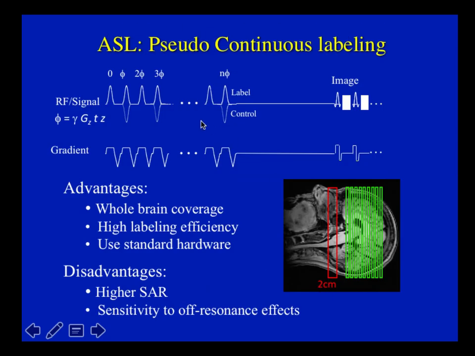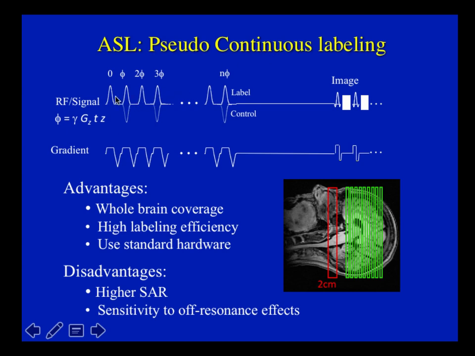Okay, so at this point we are going to switch to a labeling technique called pseudo-continuous labeling. This is a labeling strategy that was presented a few years ago and has become quite popular. It is called pseudo-continuous because we are trying to mimic the continuous ASL experiment.